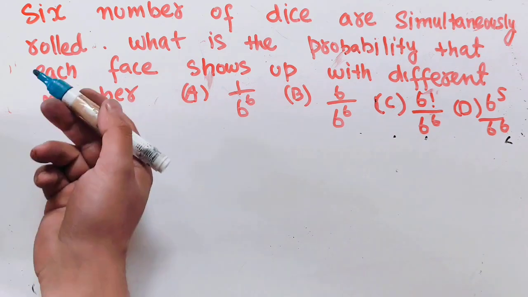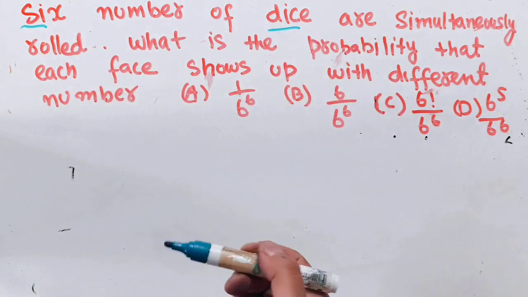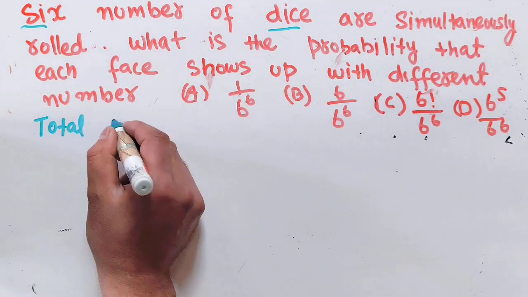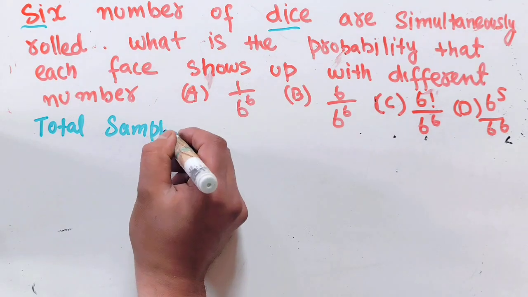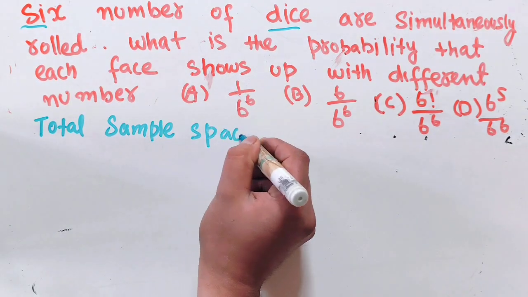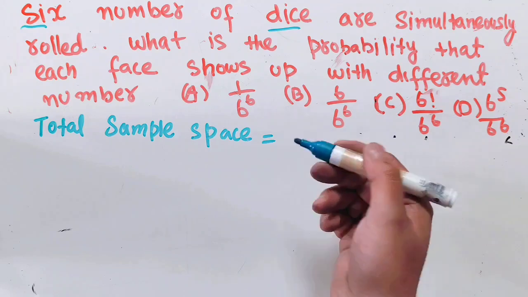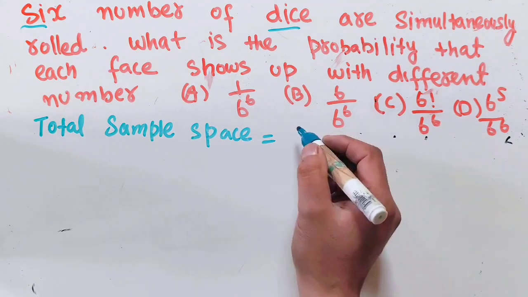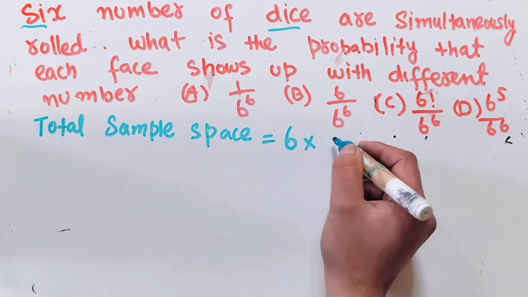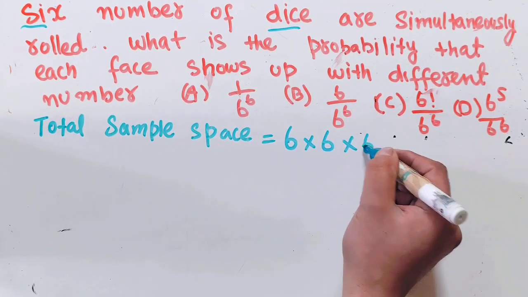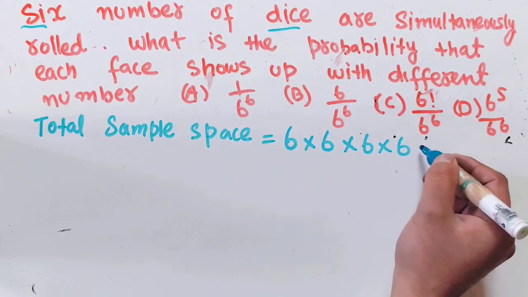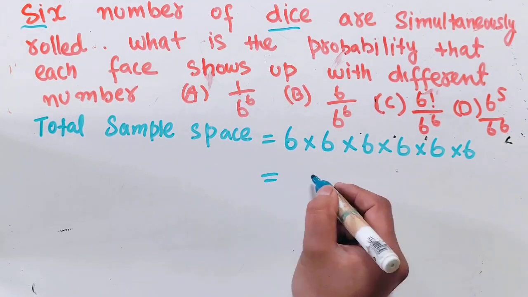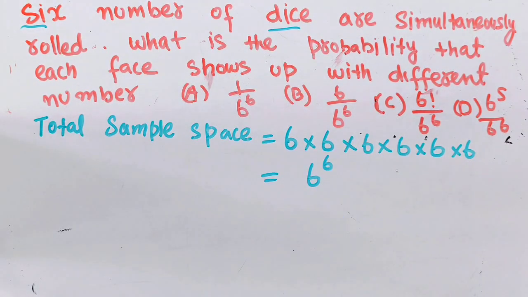Since we have 6 dice being thrown simultaneously, the total sample space will be equal to the number of faces in each die, that is 6 in the first, we multiply them 6 times, so it will be equal to 6 raised to the power 6. This is our total sample space.